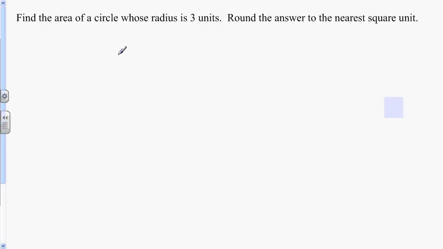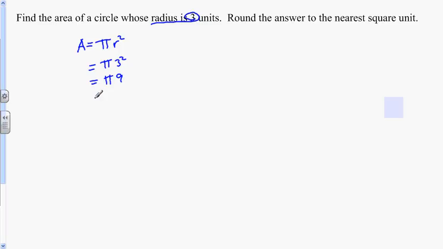On the area of a circle whose radius is 3. Alright, so we know the formula for the area of a circle is pi r squared. Okay, so we have a radius of 3, so pi times 3 squared, which is equal to pi times 9.